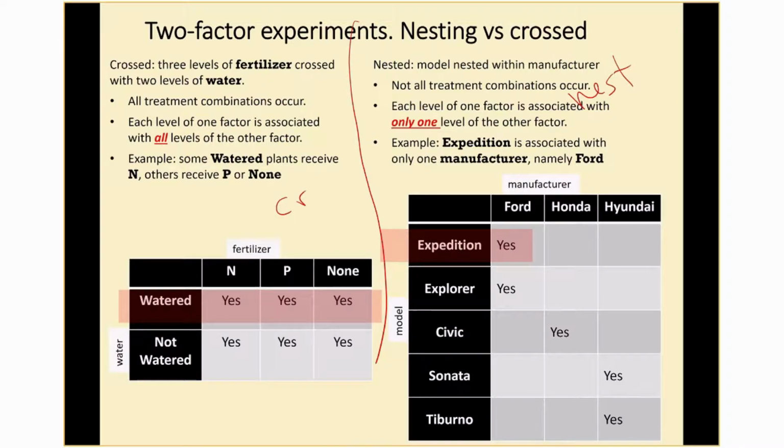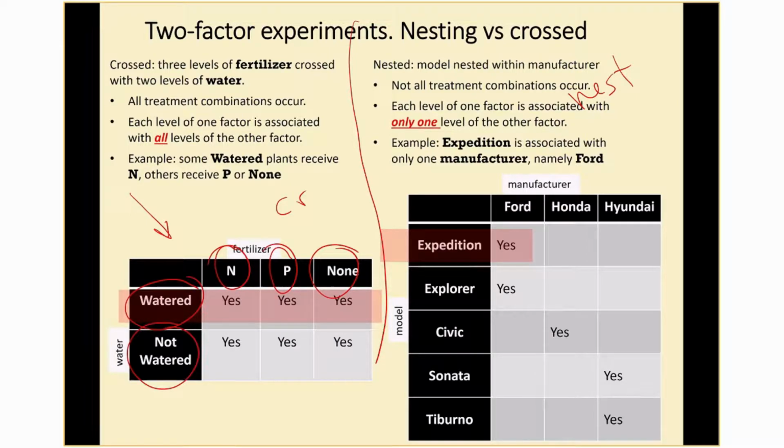So here's an example of an experiment with crossed factors. We've got two factors, fertilizer and water. We can imagine doing an experiment on plant growth. We get ourselves a bunch of pots, and some of the pots get nitrogen, and some get phosphorus, and some get no fertilizer. And of those pots, some get additional water, and some are left unwatered.